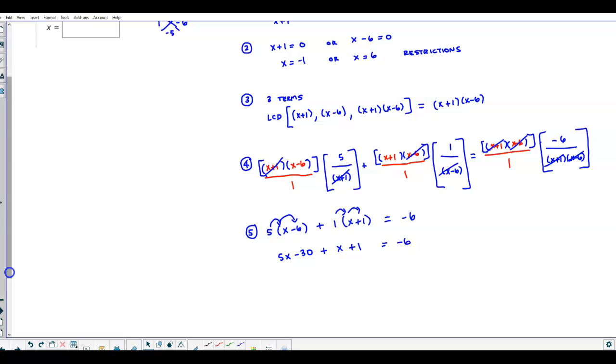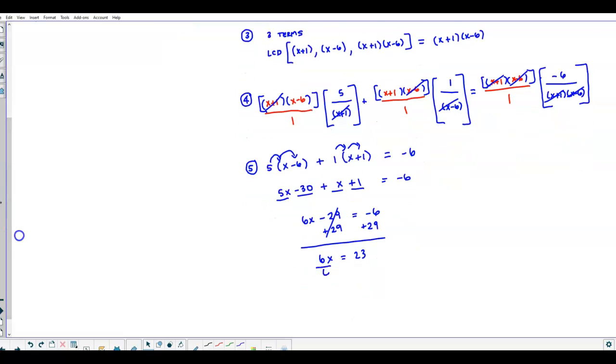And now we're going to combine like terms. We're going to combine the 5x and the x, which gives us 6x. We combine the negative 30 and the 1, which gives us negative 29, which equals negative 6. Now we're going to add 29 to both sides. So we get 6x, which is equal to 23.